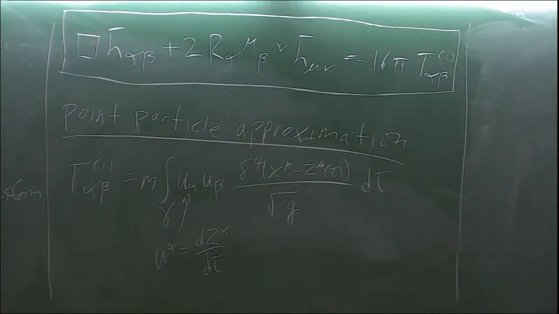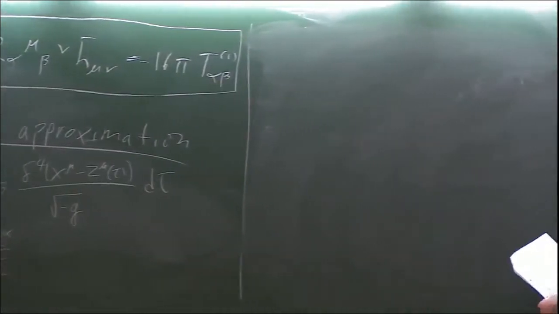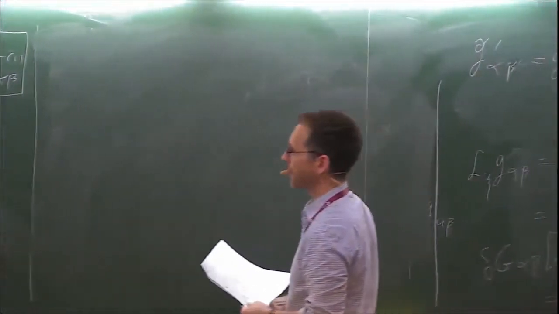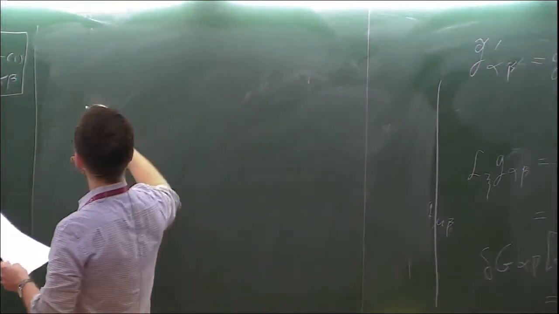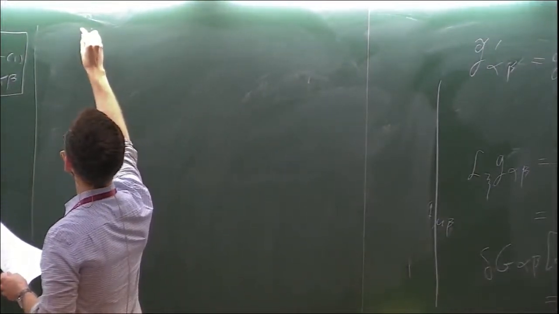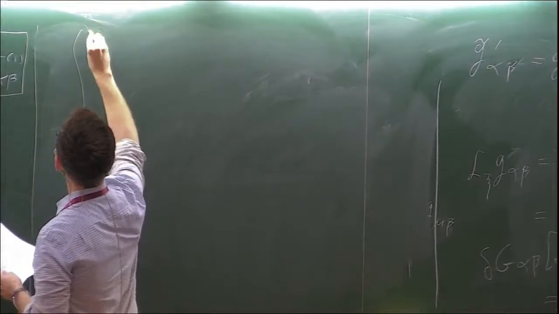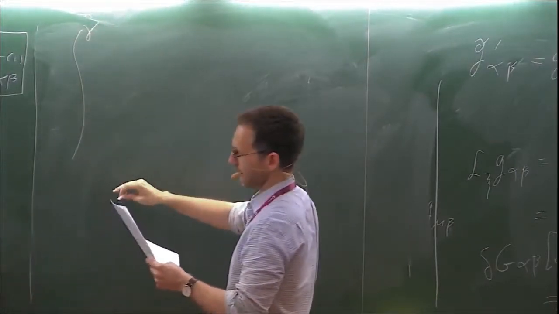So this may be a little bit funny looking at first. Why do we have an integral in our point particle stress energy tensor? Well, let's go into a local coordinate system to see what it looks like there. So say this is your world line.